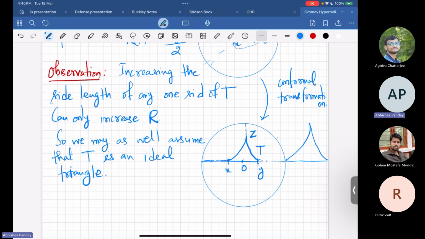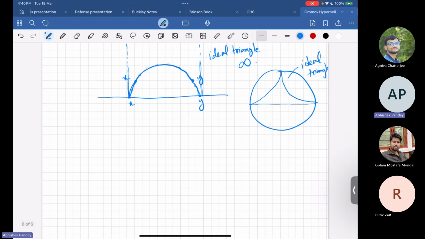Now what we can do is transform this to the upper half plane model by mapping x, y to -1 and 1, and let us say this is the origin.